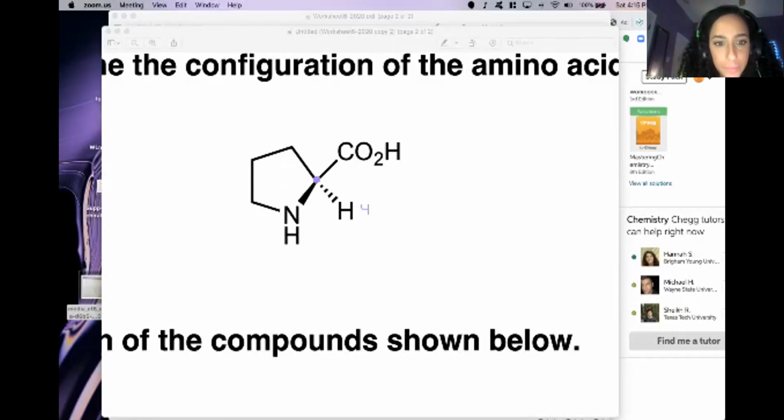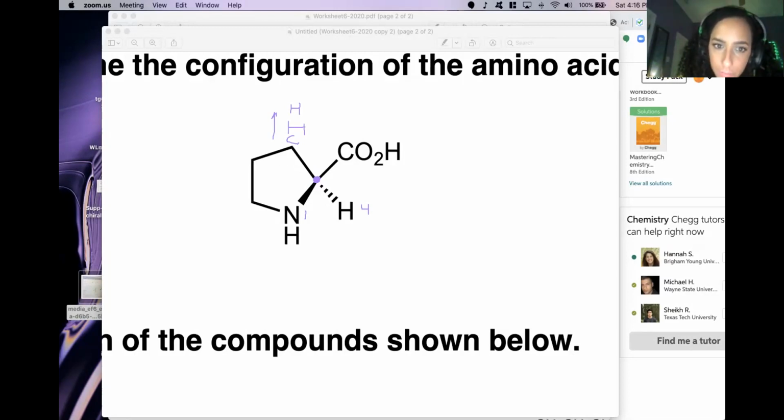That's our 1, right? So right here, I'm going to put it in backwards order. To go down the chain, we're going to go up those.